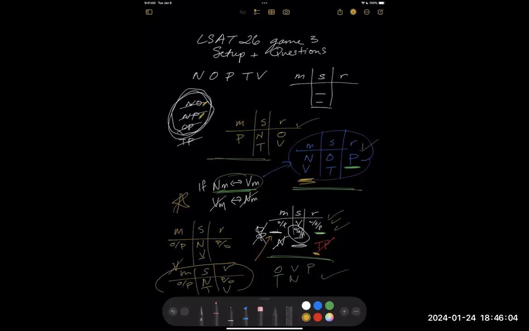In this scenario here, where V is going to the soccer game, T would still have the option to go to the movies as long as it's going with O, right? P and T can't go together, but P and O can, or T and O can. So which of the following is a complete and accurate list of the persons, any one of whom could go to a movie?